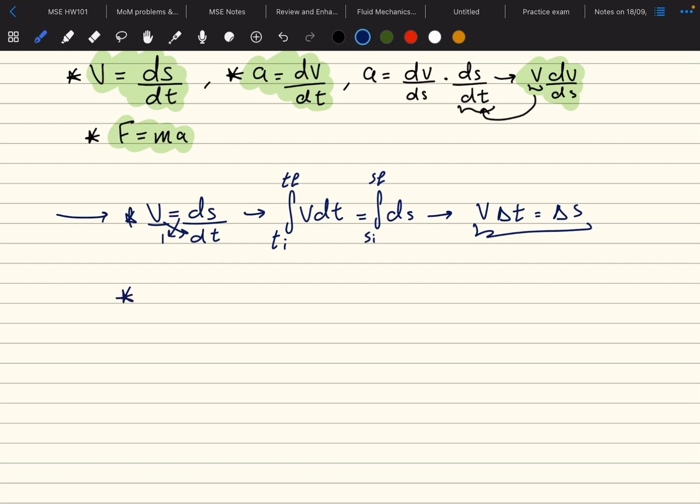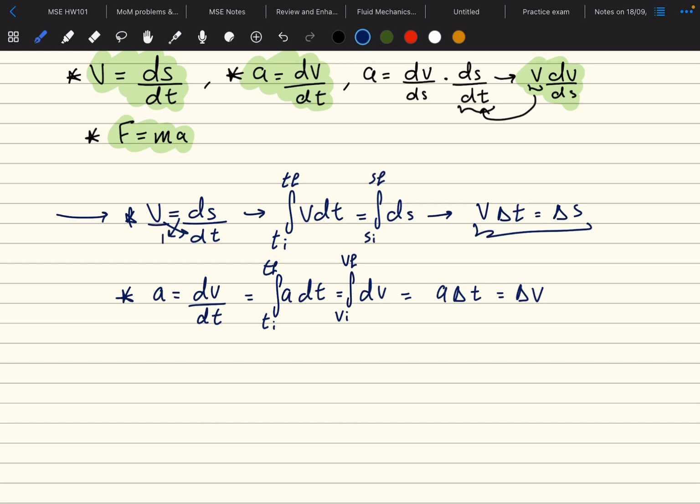On to the next equation. a is equal to dv/dt. You do the same thing over here. Take the initial, take the final. And that would be a delta t is equal to delta v.